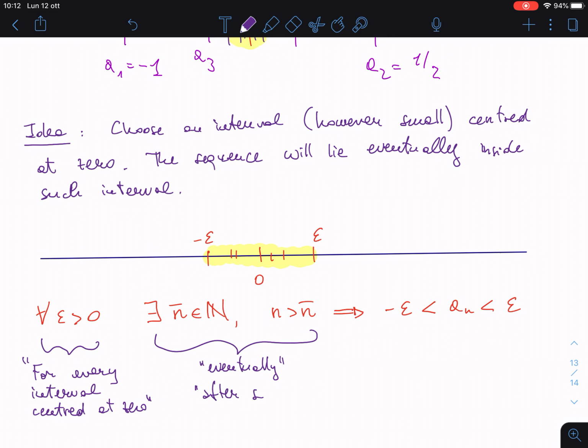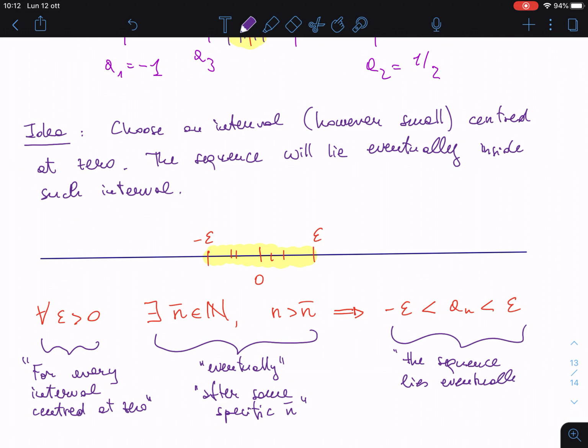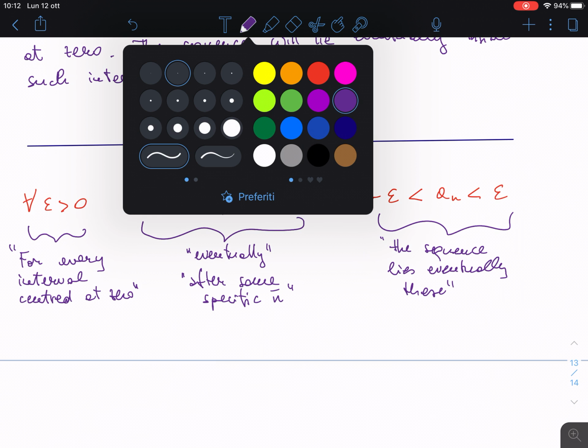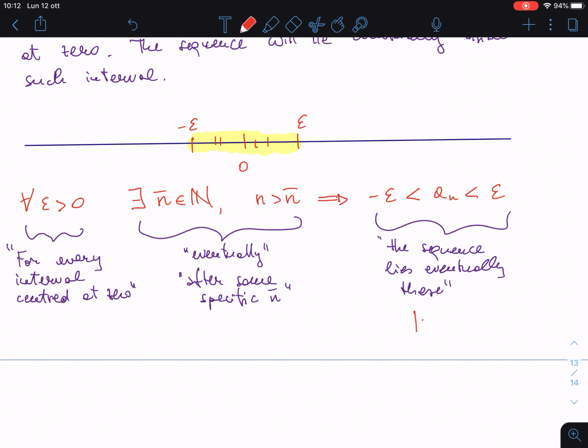After some specific value of n bar, an is trapped there. The sequence lies eventually there. This expression is sometimes given as absolute value of an less than epsilon.